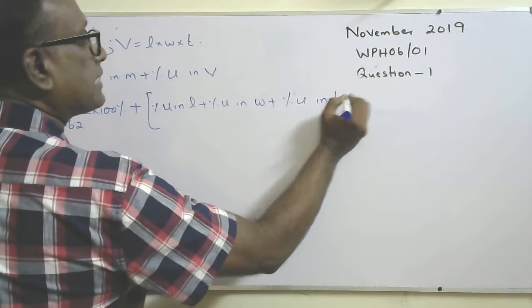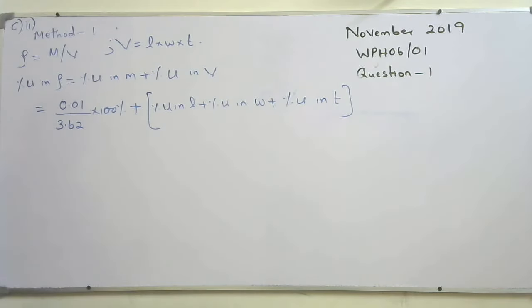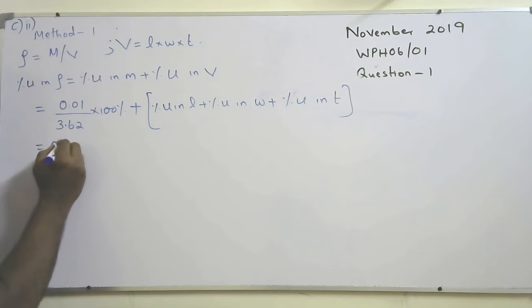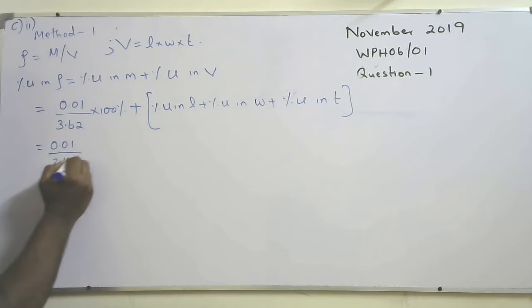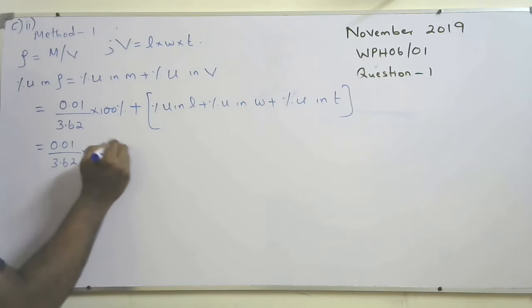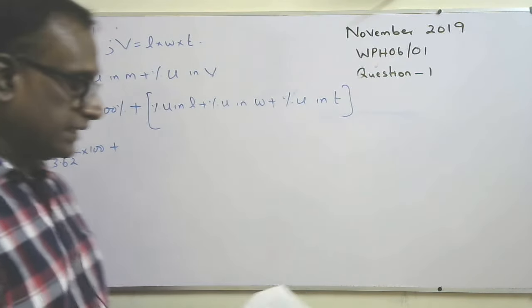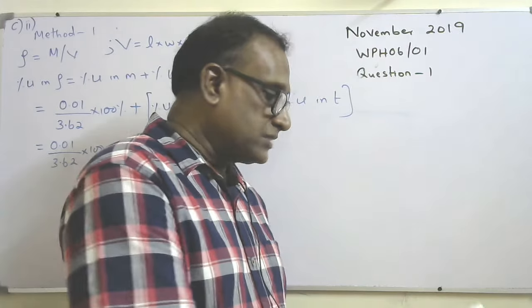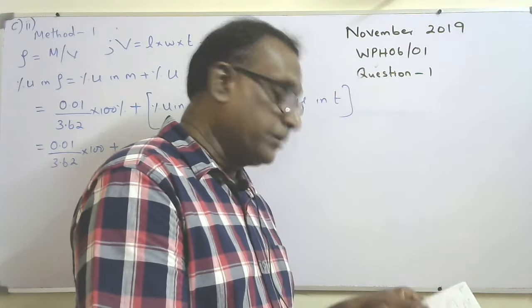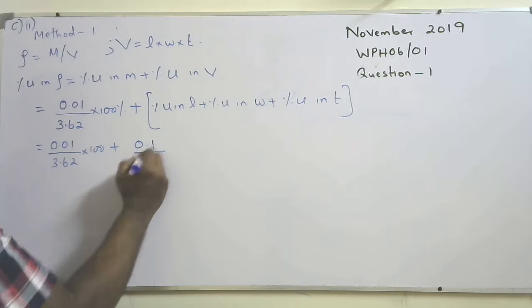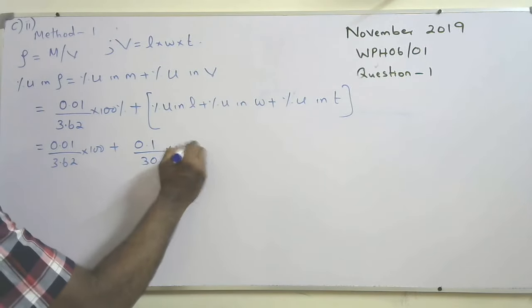uncertainty in thickness. Okay, again I'm writing without solving: 0.01 over 3.62 into 100, plus percentage uncertainty in L. The length is measured 30 centimeter plus or minus 0.1 centimeter, already given in the first sheet. So that will be 0.1 over 30 into 100.